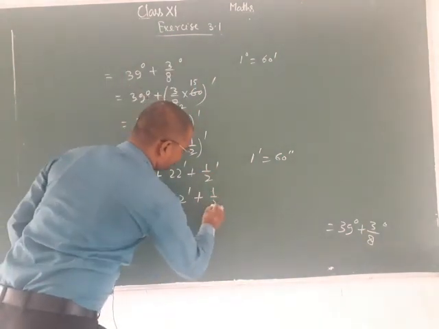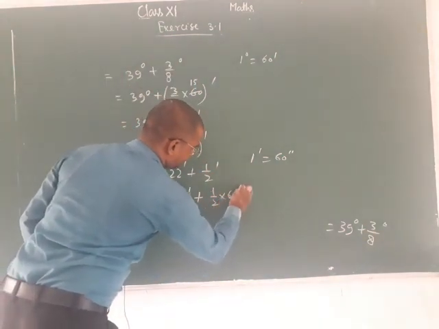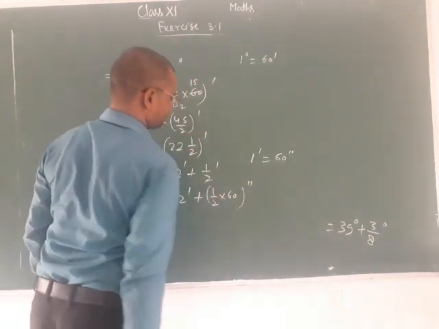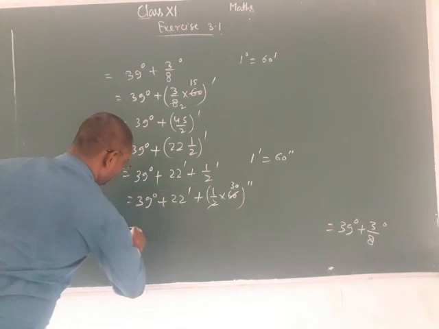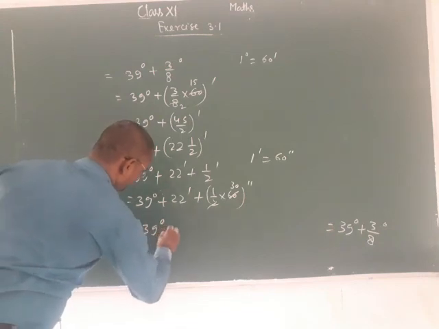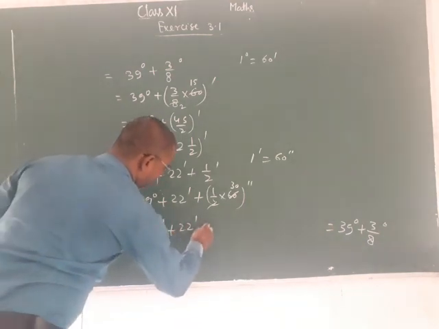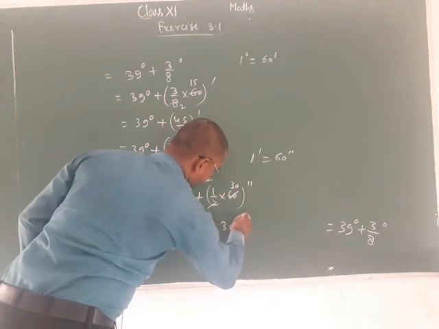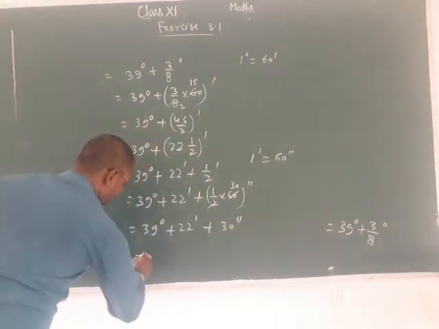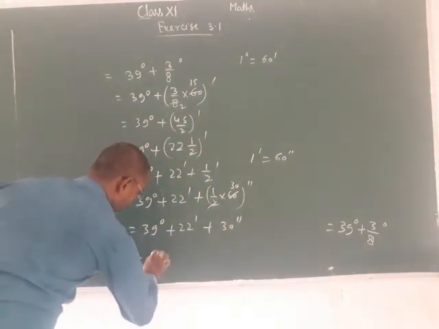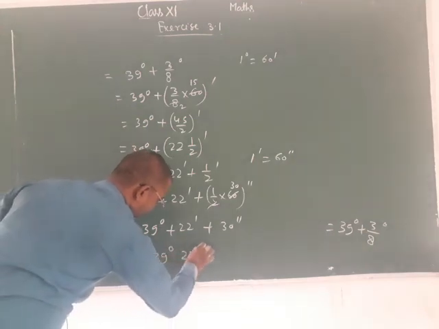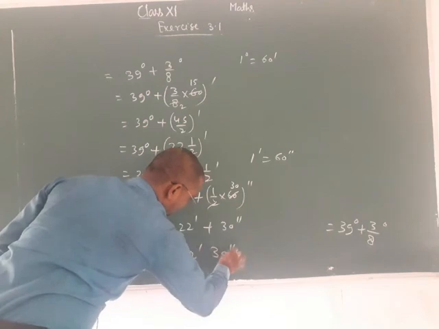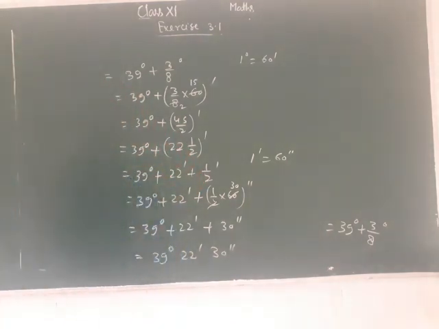So 1 by 2 multiplied by 60 is 30 second. So written in standard form, 39 degree 22 minute and 30 second. This is the answer of the given first part.